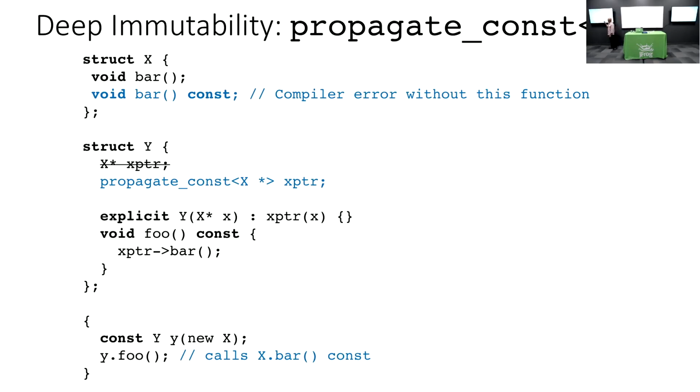So now a const y, when it calls the foo function, within that x pointer, because it is wrapped in a propagate const, it acts as if it is pointing to a constant object, and hence to call the bar function we have to have a const overloaded version of it available in x.